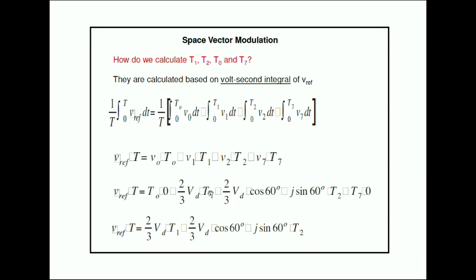So 2 by 3 VD into T1 plus V2, which is a vector with magnitude 2 by 3 VD and angle cos 60 plus j sin 60, into T2, plus T7 into 0, because V7 is a 0 vector. So you can see this 0 vector is gone, T0 and T7 are gone. Only we have 2 by 3 VD into T1 plus cos 60 plus j sin 60 into T2.